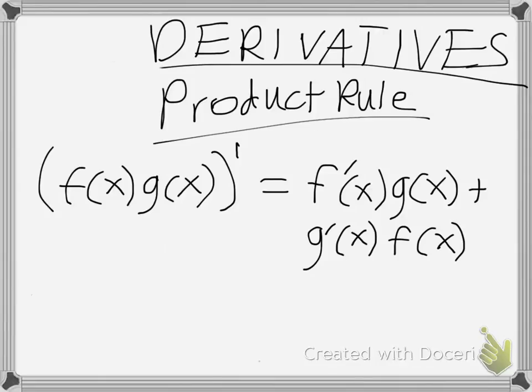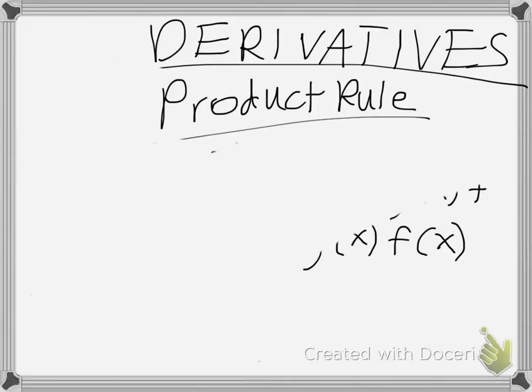So if we have two functions multiplied by each other, the derivative equals the derivative of the first function times the second function, plus the derivative of the second function times the first function. So it's kind of symmetric. That's the product rule.